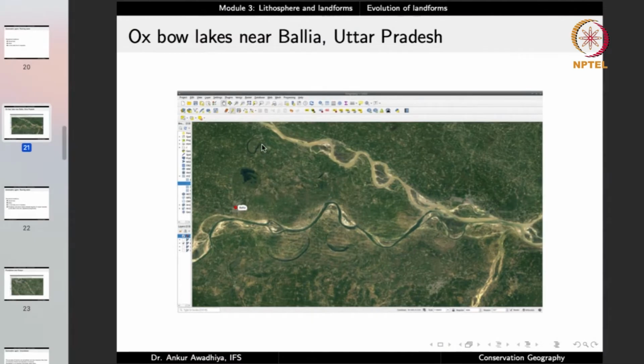So these are all different Oxbow lakes that have been created. So earlier the river used to flow like this, but then there was some event because of which, say some amount of sedimentation here, because of which now the river changed course. Now it's moving straight like this. It is not flowing in this direction, and so this area where water is remaining becomes a lake, which is known as an Oxbow lake.